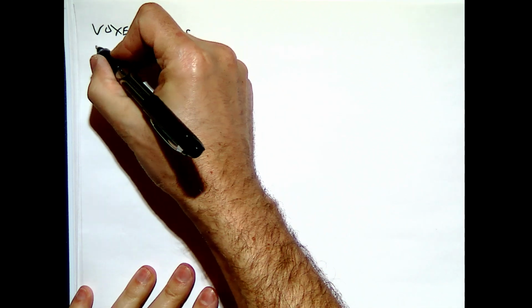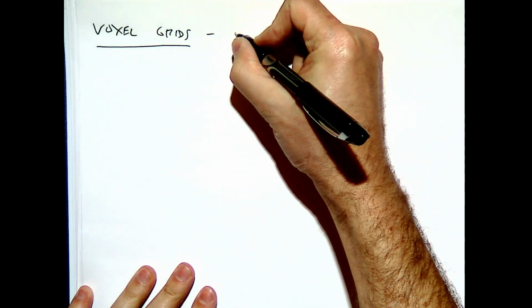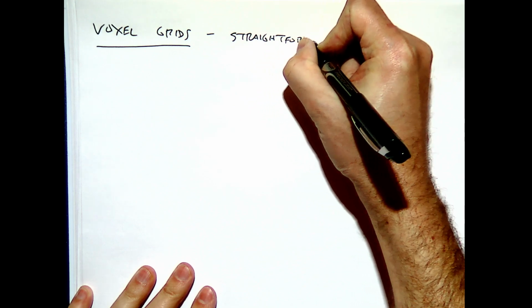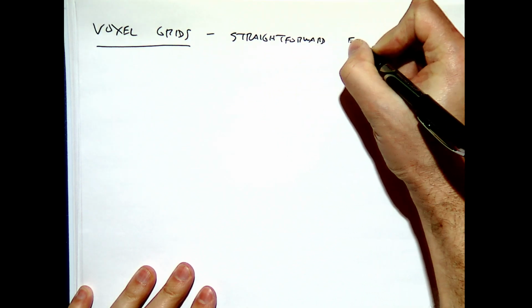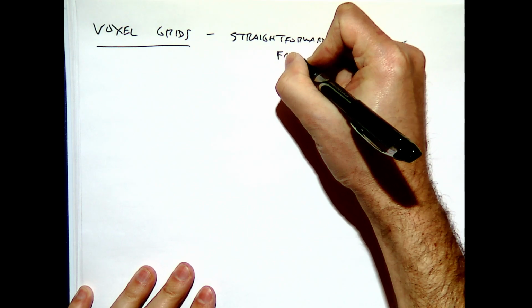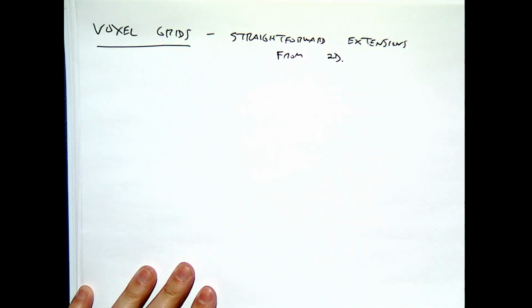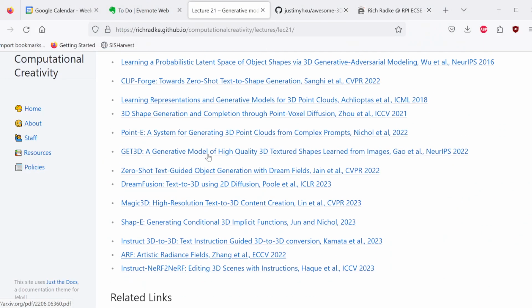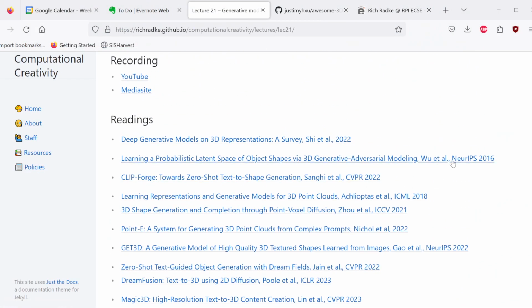It's a straightforward extension from 2D. A good early example is this Wu et al. paper, which is a good example of a voxel grid paper.